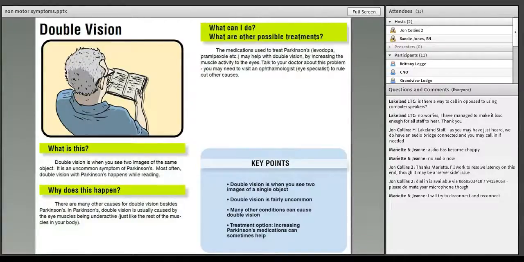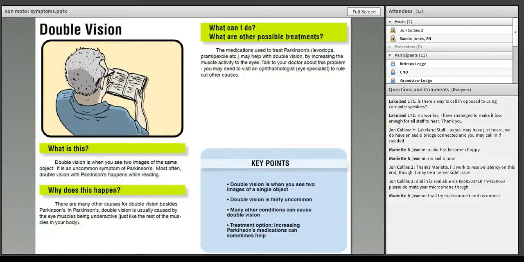Also, people with Parkinson's may have what we call visual spatial dysfunction. Big words. All that means is they really are not always aware where their bodies are in relation to their environment. So, for example, they may not see a chair close to them like you and I would. They may trip over things easily.